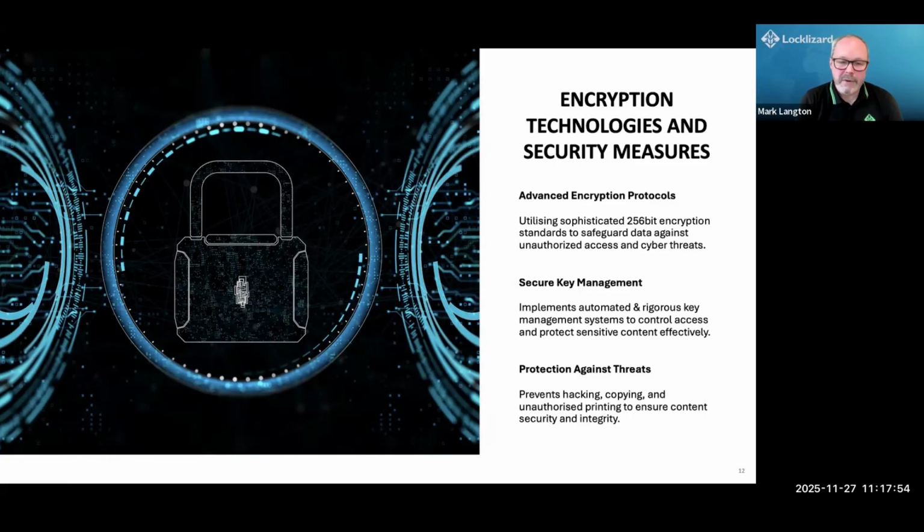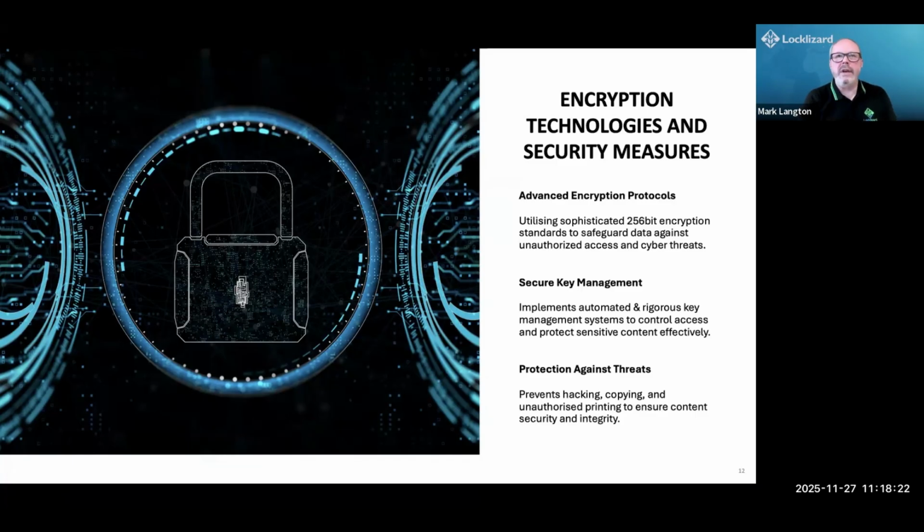So 256-bit is the standard you should be looking at to ensure there's no unauthorized access by any third parties. And I'm sure that 256 will also change over time as AI and other systems become more sophisticated. Key management, we've already talked about making that simple and straightforward, and protection against threats such as hacking, etc.